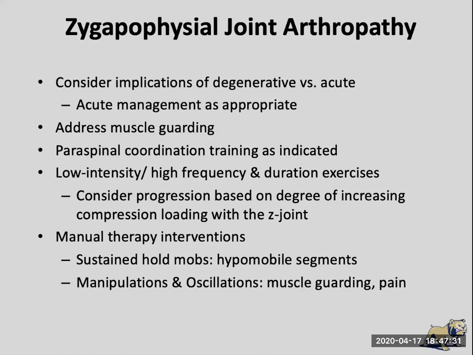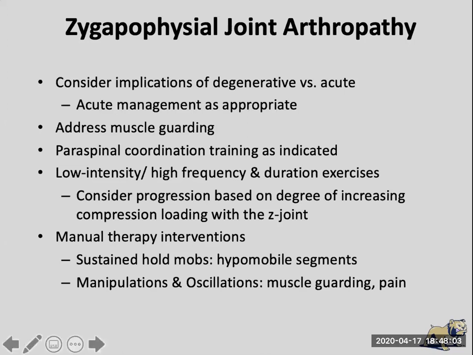If we're talking about a subacute phase, essentially that might be a great time to do a manipulation procedure or joint mobilizations. So also addressing muscle guarding can be pretty important. So that can be done either with joint mobilizations or with soft tissue mobilization potentially, which can also aid with pain modulation as well.